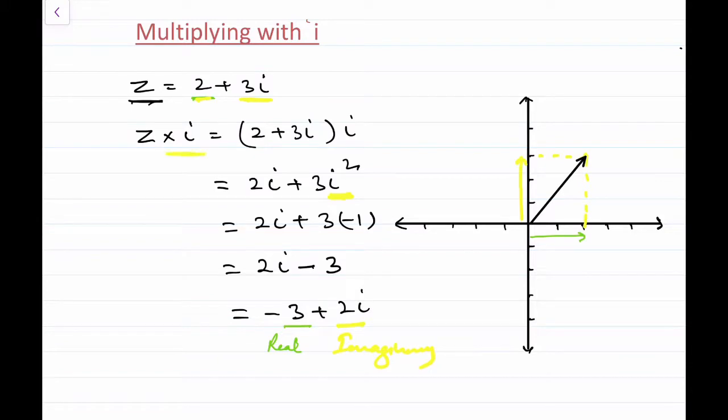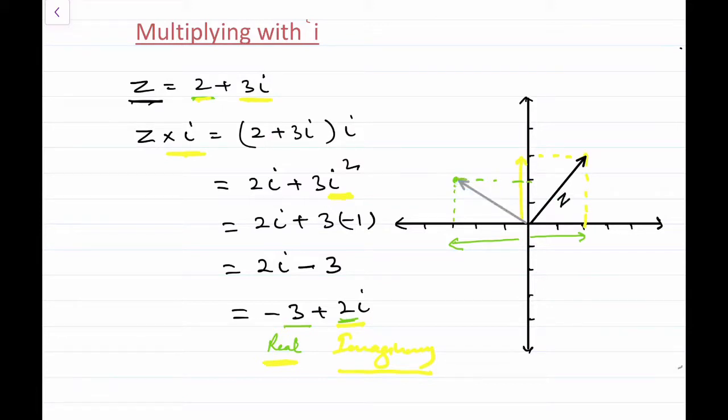Now for zi, minus 3 is the real part and 2 is the imaginary part. So move 3 units to the left because it's negative and 2 units up, and then join that point to the origin to get zi.